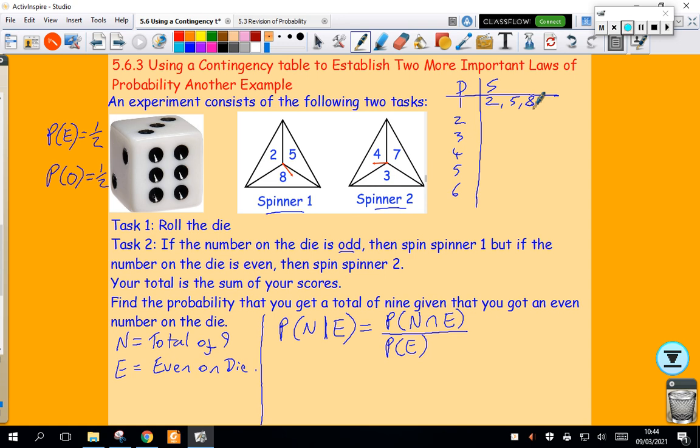If you roll a 3, which is odd, well, then you'd be spinning spinner 1, you get 2, 5, or 8. And again, if you roll a 5, which is an odd number, you'd be spinning spinner 1. Possible outcomes are 2, 5, and 8. If you roll a 2, or 4, or 6, you'll be spinning spinner 2, giving you a 3, 4, or 7.